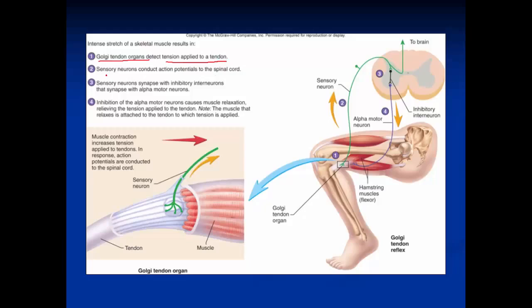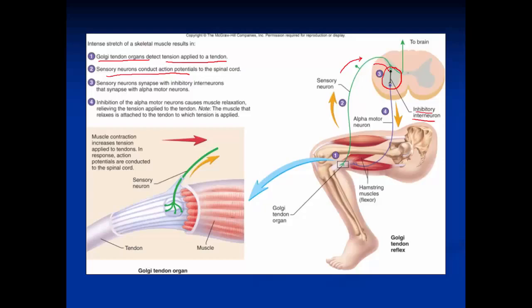Well, what happens is sensory neurons linked to that Golgi tendon organ are going to bring afferent signals into the spinal cord. Here, they're going to stimulate an inhibitory interneuron. Okay, so when this neuron is activated, it's actually going to cause inhibition of the next neuron, in this case an alpha motor neuron.